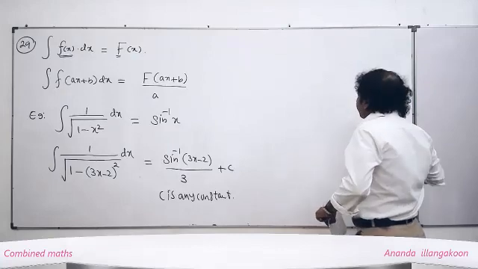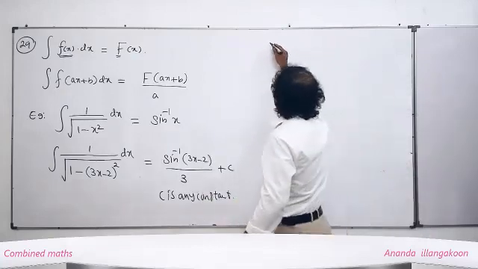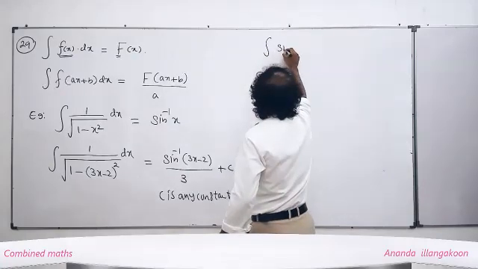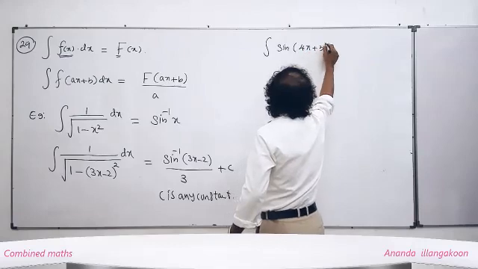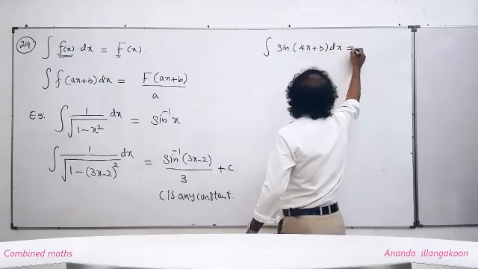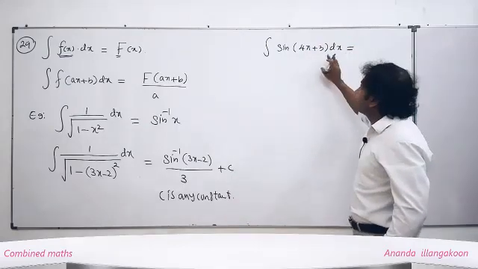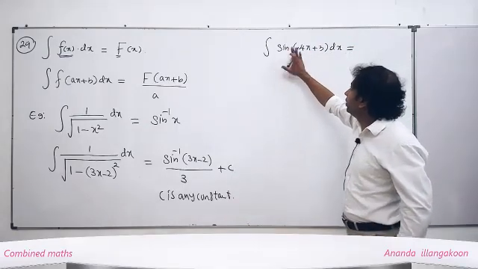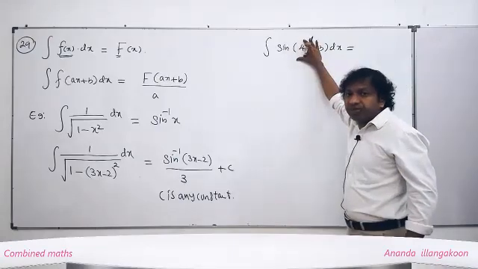Right. Now, next one. Just see, people, we can take sine of 4x plus 3 dx. Right. What is the answer of this, people? Now suppose here we have sine x, for the whole thing sine x. People, what is the integral of sine x?